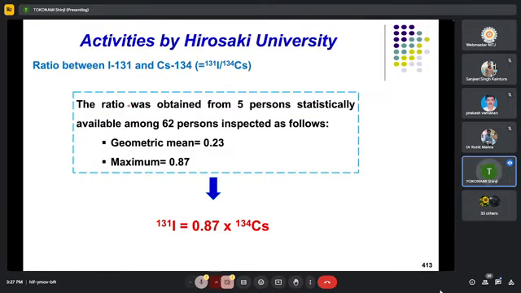The ratio between iodine 131 and cesium 134 was obtained from 5 persons statistically available among 62 persons inspected, as a geometric mean of 0.23 and maximum of 0.87.